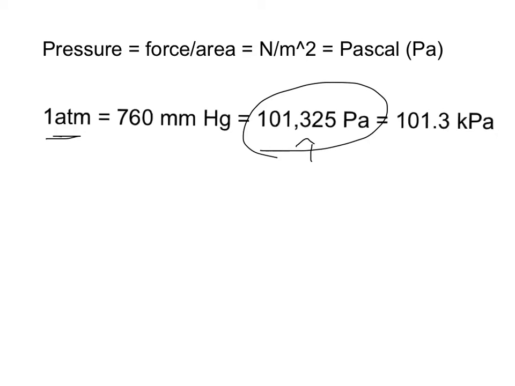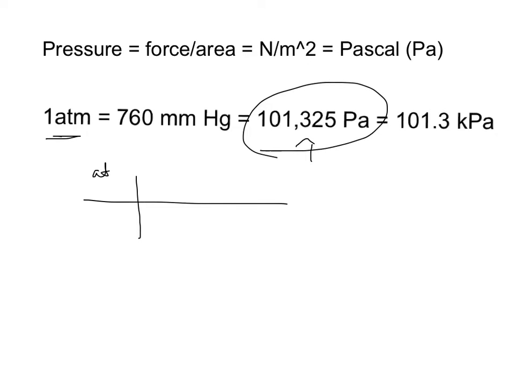Sometimes you can use atmospheres, but most of the time we're going to be using pascals. If you're not using the gas constant R in your equation, you can pretty much use any of the 4 units for your pressure calculations. 1 atmosphere is the same thing as 760 millimeters of mercury, 101,325 pascals, or 101.3 kilopascals. If we needed to convert any of these units, we can just use the T-bar.